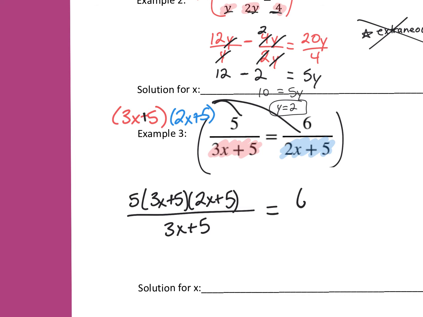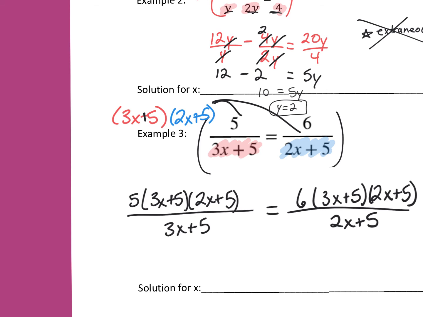Equals 6 times 3x plus 5 times 2x plus 5 over 2x plus 5. Yes, but same process, and really you're about to see how they really aren't. Okay, I didn't have to distribute anything, right? All I did was write out the multiplication problem on the top and leave the bottom alone, okay?